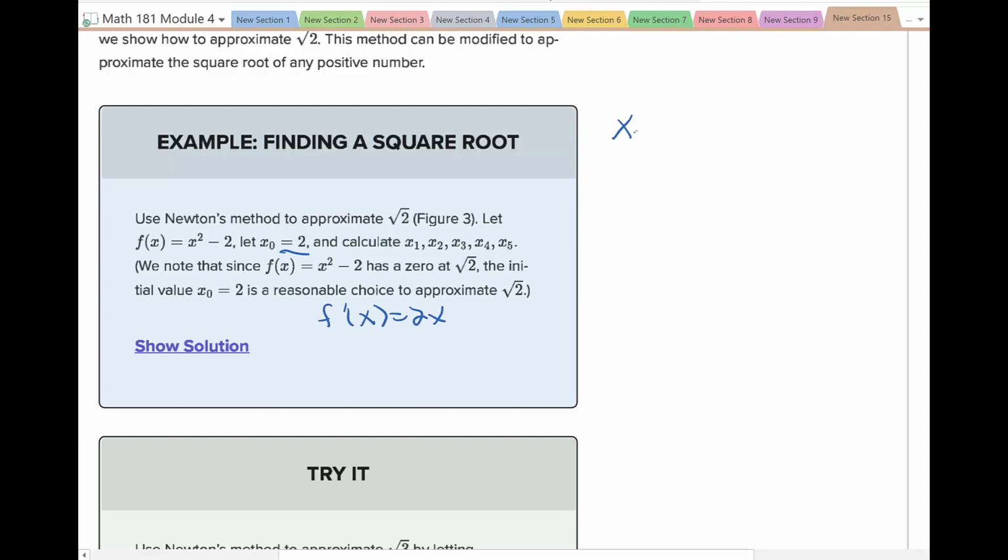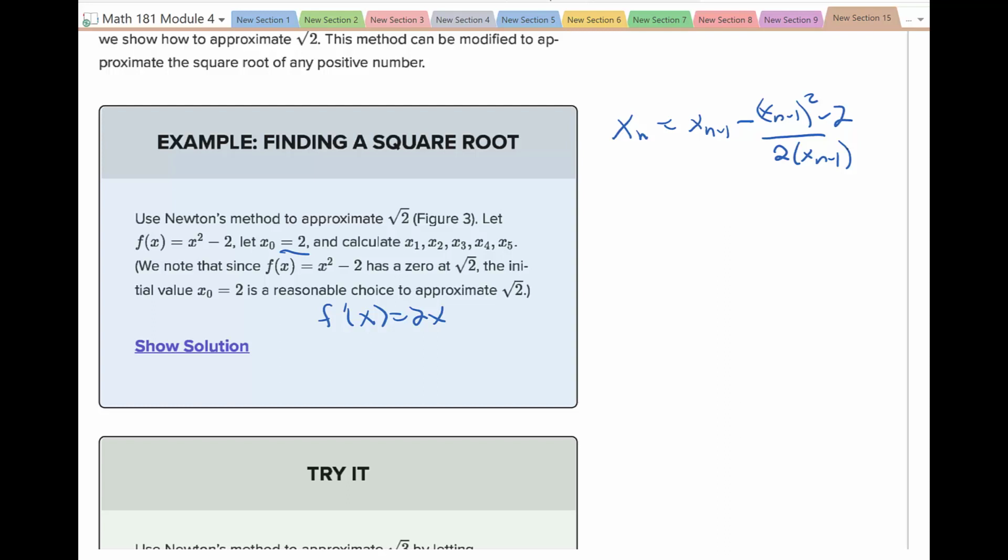So x sub n is going to be x sub n minus 1 minus x sub n minus 1 squared minus 2 over 2 times x sub n minus 1. And we can clean that up a little bit.